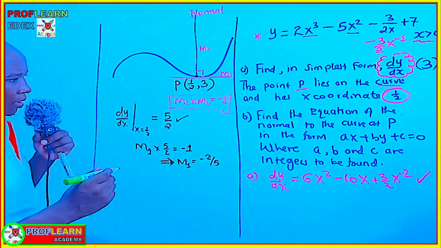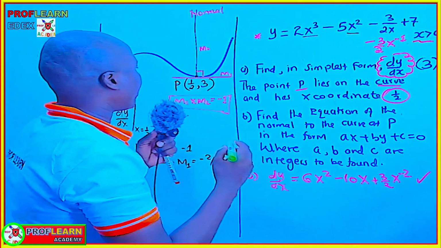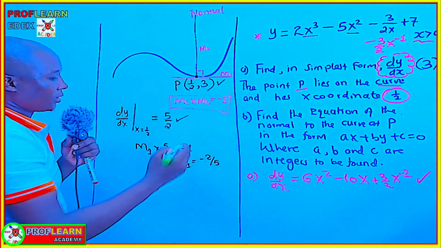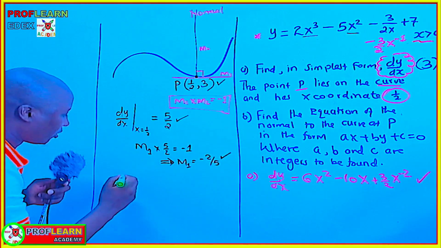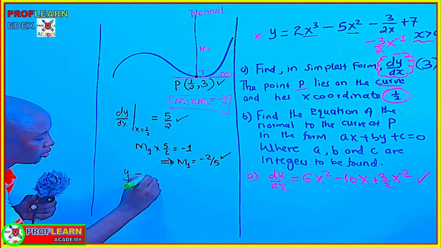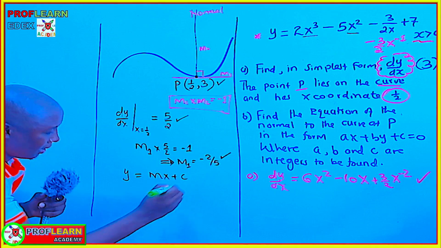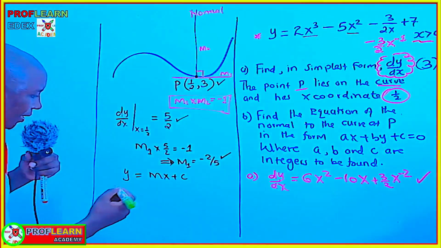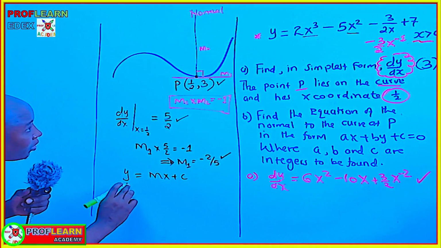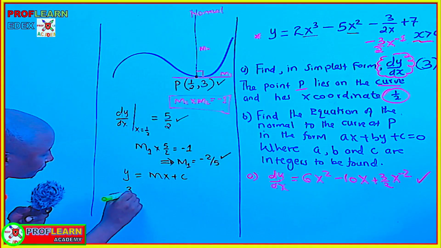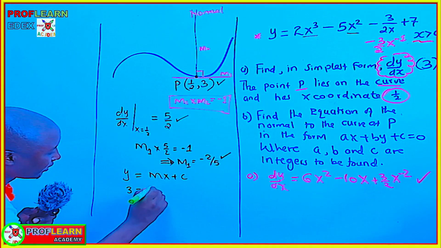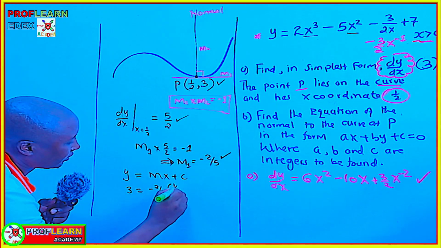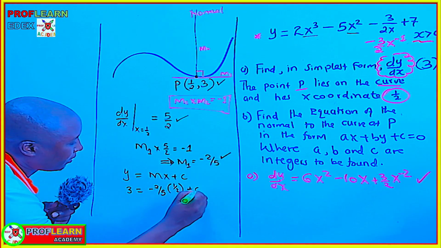Now, because we are supposed to find the equation of the normal, already we know the normal passes through this particular point, and its gradient is this one. Then we can now say y equals mx plus c, which is the equation of a straight line. Where we have y, we put 3 equals the gradient, negative 2 over 5, times x, which is 1 over 2, then plus c.